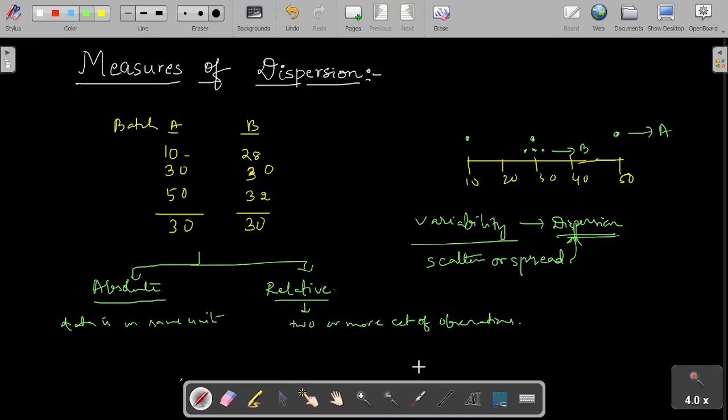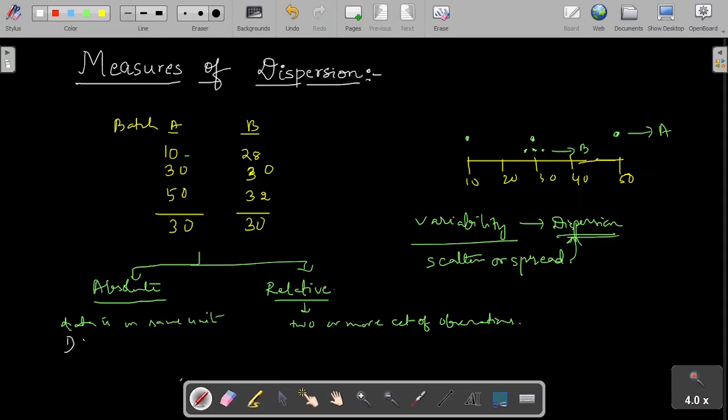Absolute measure is for a single set of observations, and relative measure is used to compare the variability of two or more sets of observations. So under absolute measure, we have four types for measuring dispersion.